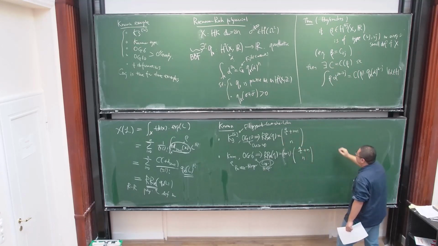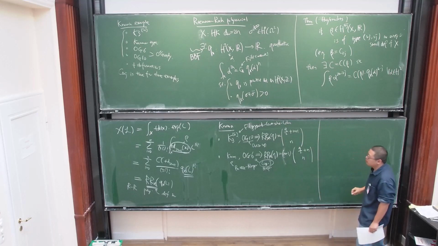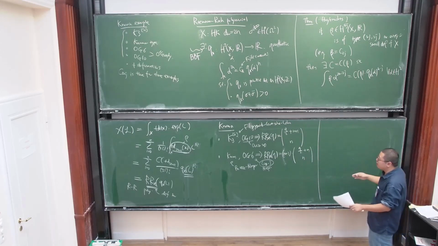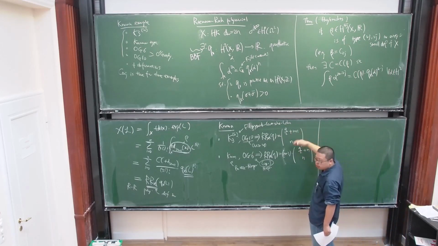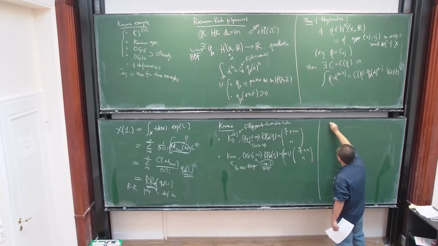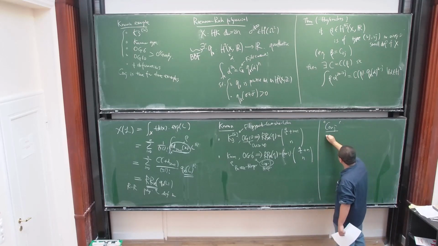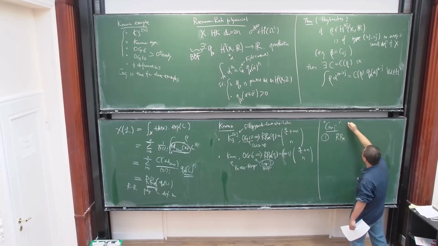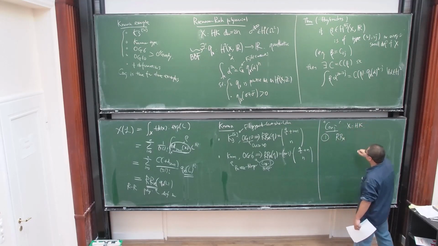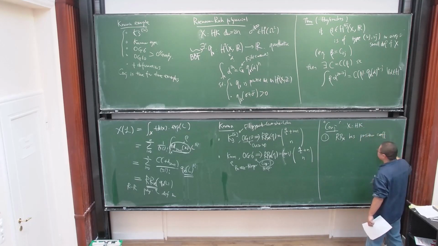So now we can propose many conjectures because of these two forms. Let me just write a conjecture. The first is that, of course, X is hyperkähler, so this Riemann-Roch has positive coefficients.